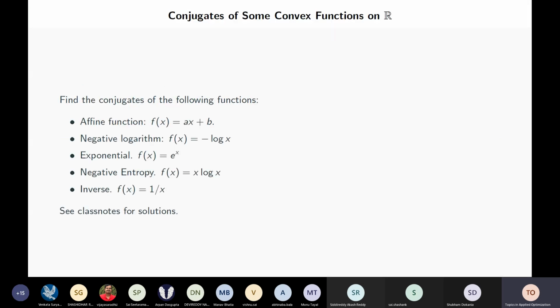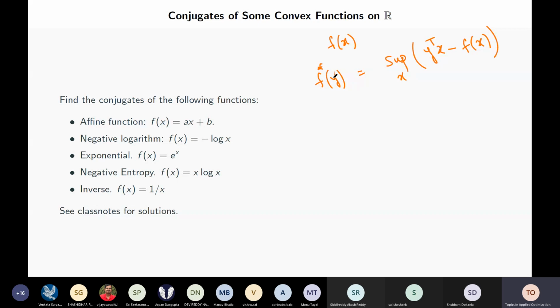We were here, if you can recall, finding the conjugate of the following functions. If you recall, for a function f(x), the conjugate is defined as f star of y, which is the supremum over x of y transpose x minus f(x).